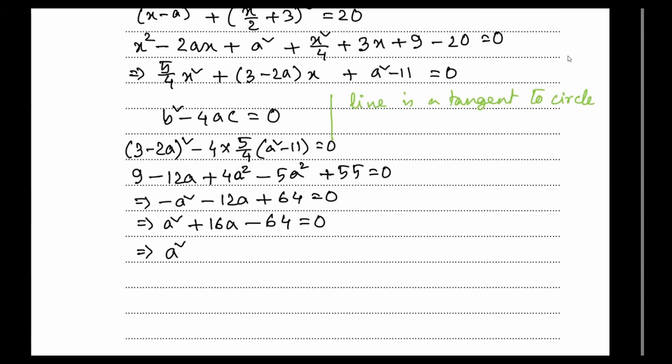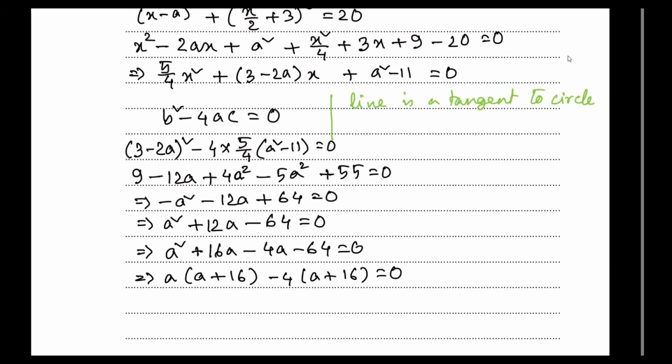You can use the direct formula, although I'm using the middle term break here. I'm not explaining the middle term break, so I guess you can do it. I'm doing it directly. (a minus 4) into (a plus 16).